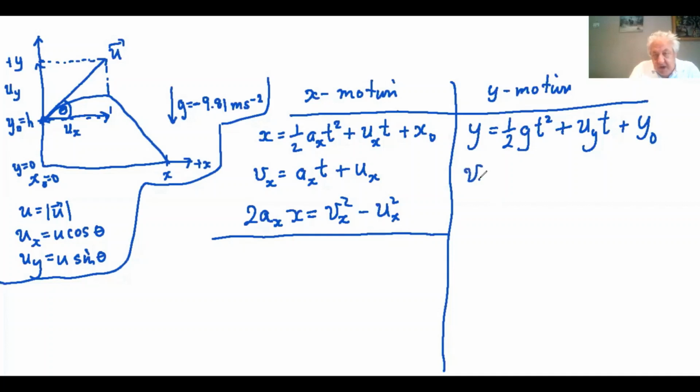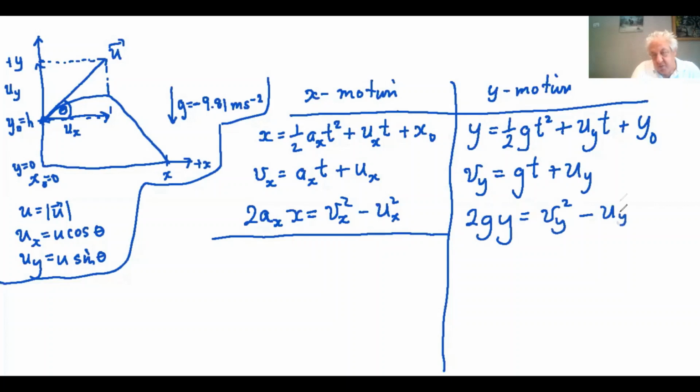Then my Vy equals g t plus Uy. And finally, my 2 g y equals Vy squared minus Uy squared. So those are my formulae in the y direction.